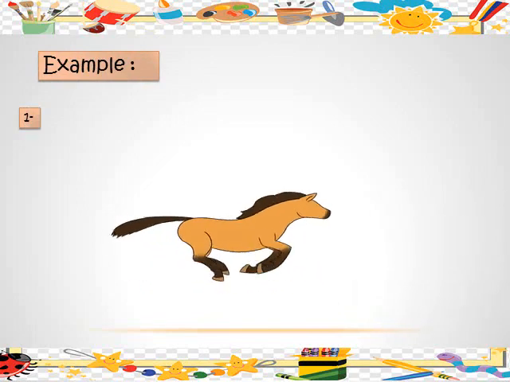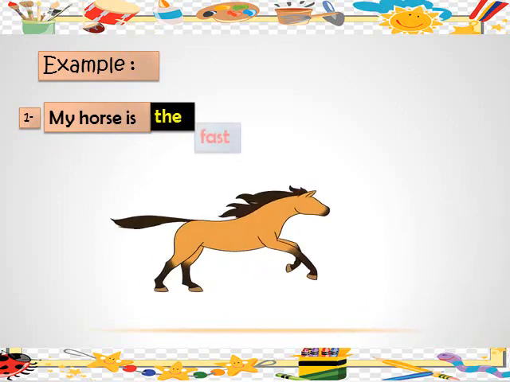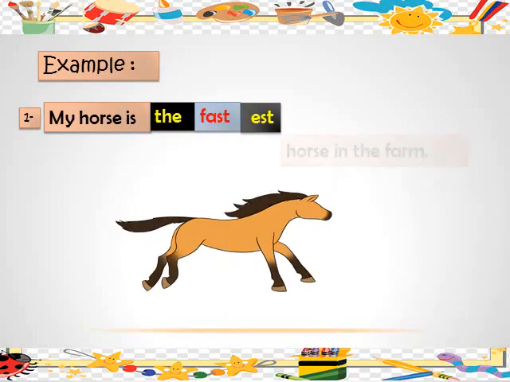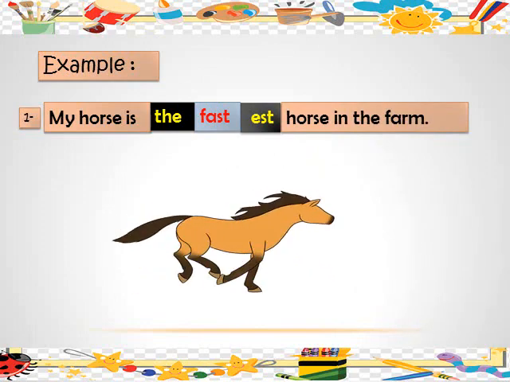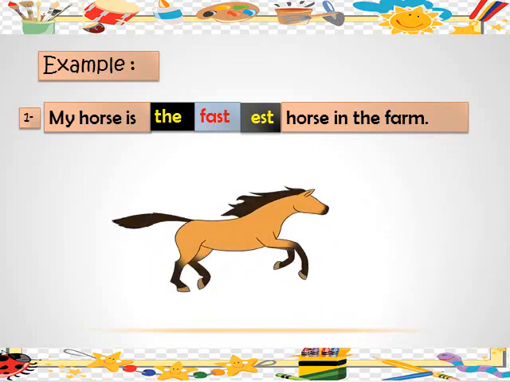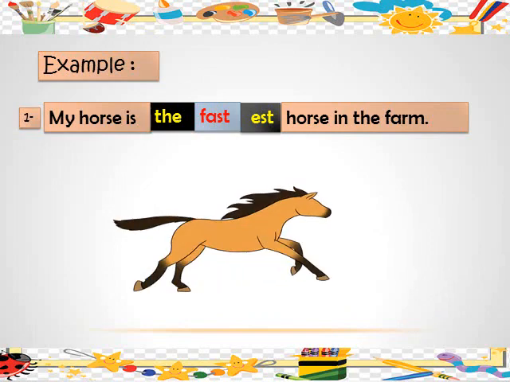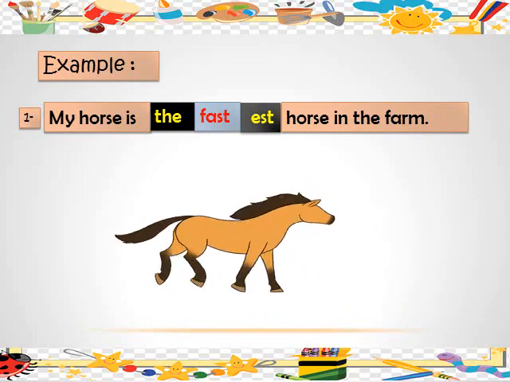The horse is fast. My horse is the fastest horse in the farm. So, fast is an adjective. I put "the" before the adjective, then I add "est" to the adjective fast. So, the fastest.